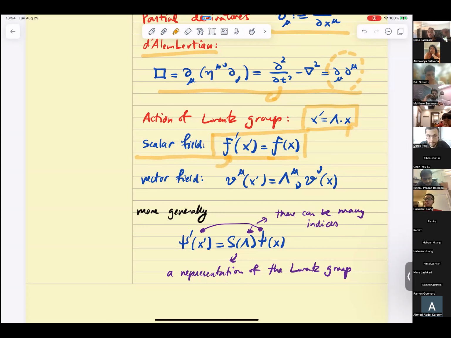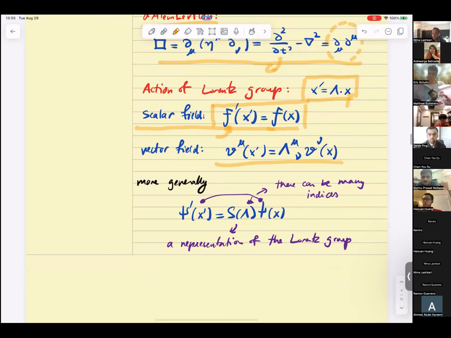All you need to do is just transform the point. The value that the function takes at the new point is the same. So if I move x to x prime, the value of the function at x prime is the same thing that it used to be at point x, right? So the function is scalar, it itself doesn't change much, it just tracks the points.